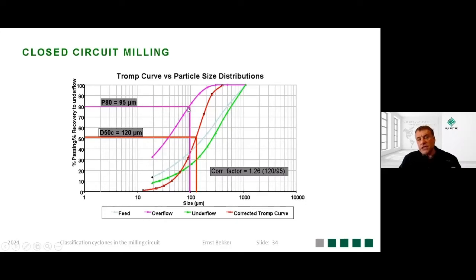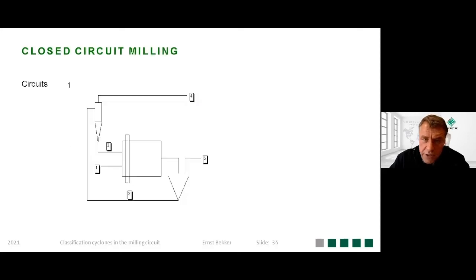But the overflow is a function of the grind. And the grind is a function of the amount of energy that you introduce. So you cannot really move this overflow point. And that's where the difficulty comes in and where problems start, where people tend to have an idea, change the cyclone dimensions, and then they see nothing happens, and sometimes it even becomes worse.